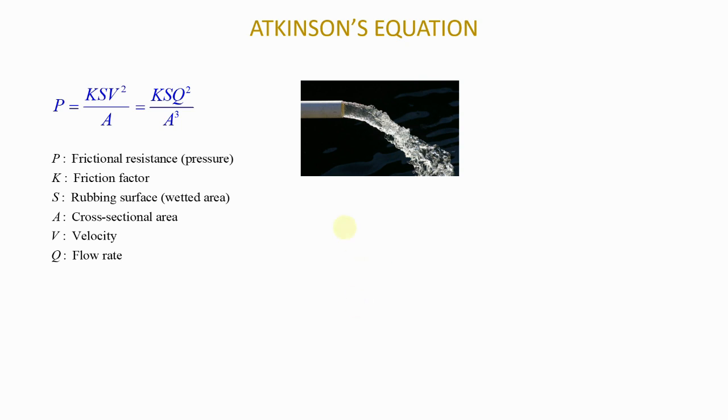So if we look at this pipe here, let's say maybe its length is L, okay? So this segment of the pipe that we have in the picture, its length is L, and we have water that is flowing through the pipe, okay?